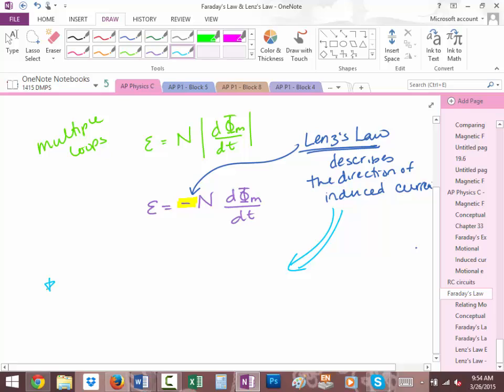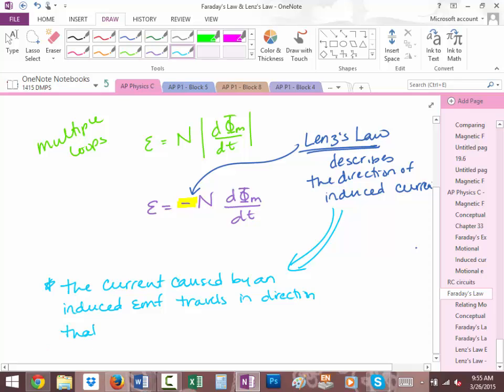So Lenz's law says that the current caused by an induced EMF travels in the direction that generates a magnetic field opposing the change in flux through the loop.